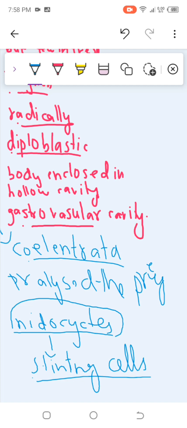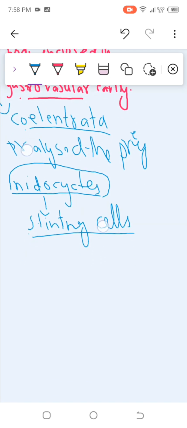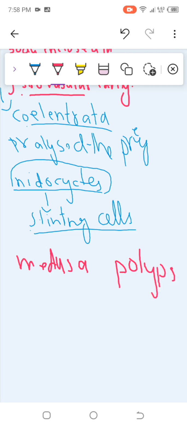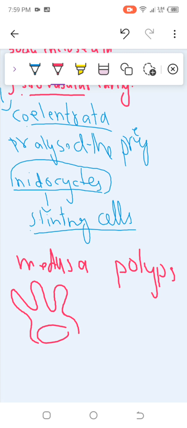Now these Cnidarians are divided into two groups: one is polyp and the second is medusa. Polyps are cylindrical with a mouth, and their tentacles are upward. For example, like this, the tentacles are upward and the mouth is here.